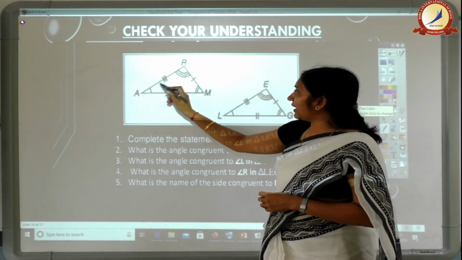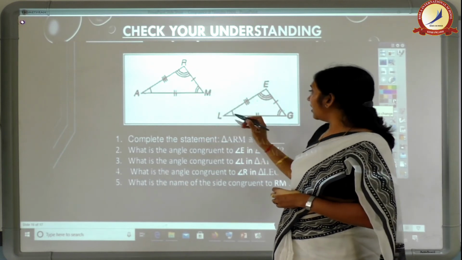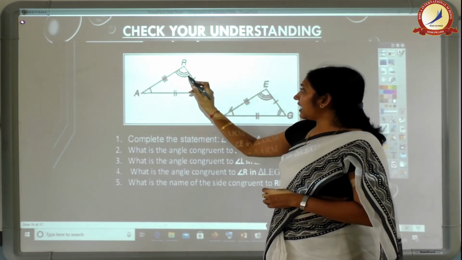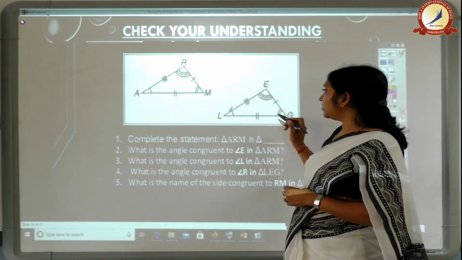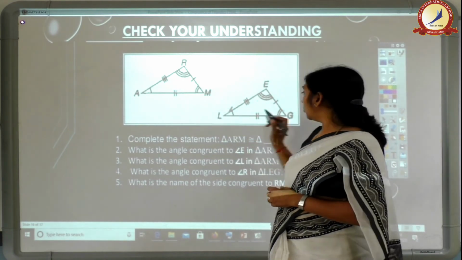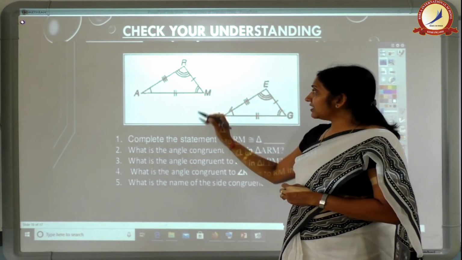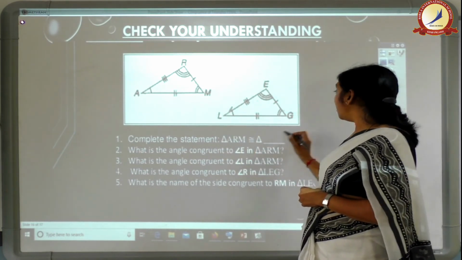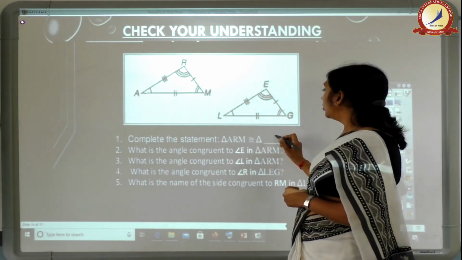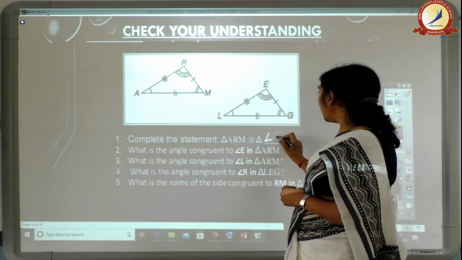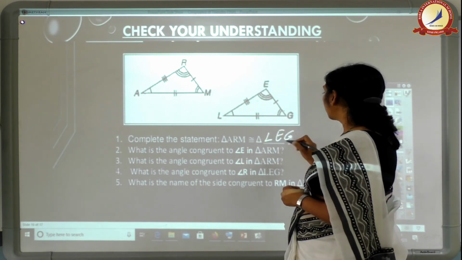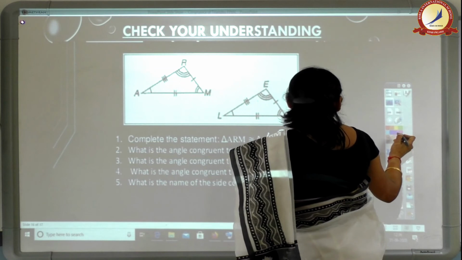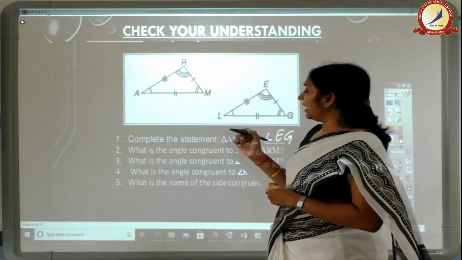If you observe, side AR is equal to LE, side RM is equal to EG, side MA is equal to GL. So I can say that triangle ARM is congruent to triangle LEG.